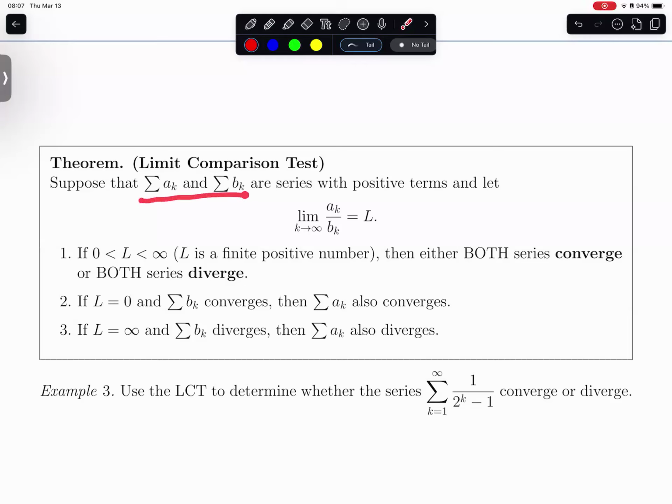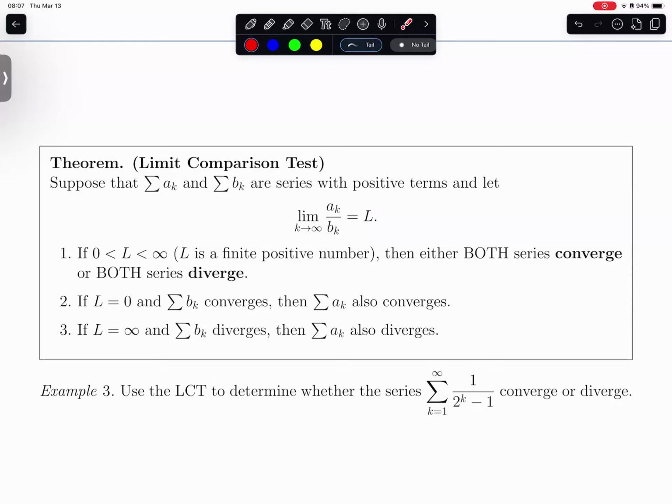Suppose you have two series, one with A of k and the other with B of k. They both have positive terms, just like with the direct comparison test. But let's say I took the limit of the ratio of the terms of my given series and the terms of my comparison series, and let's say I got some number L.